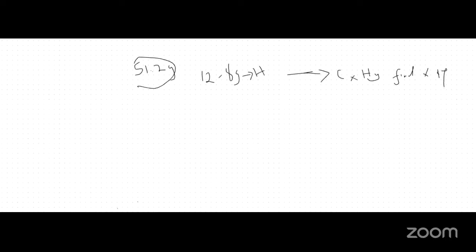Now, the mass of hydrogen is 12.8. So it becomes very easy. They have given us the hydrocarbon as CxHy, so we have the mass of H already. So how much is carbon? What do you think could be the value for carbon, before I even go to solving it?